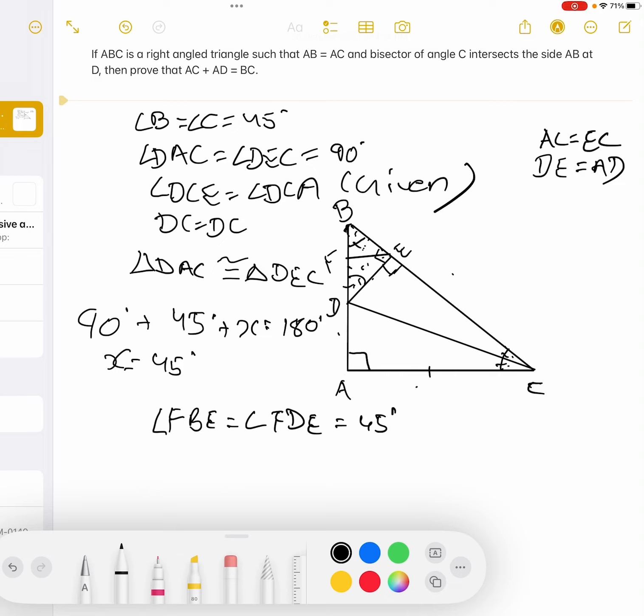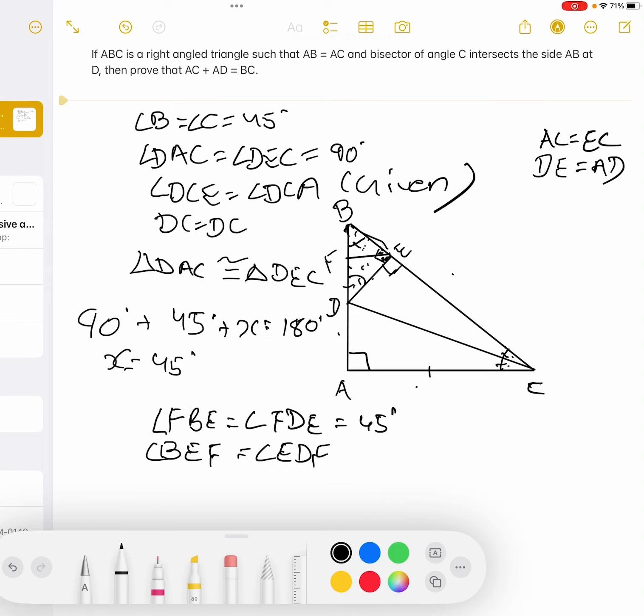Alright, cool. Now angle BEF is equal to angle DEF, that is this angle, right?